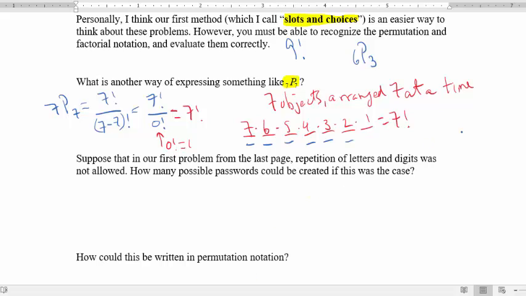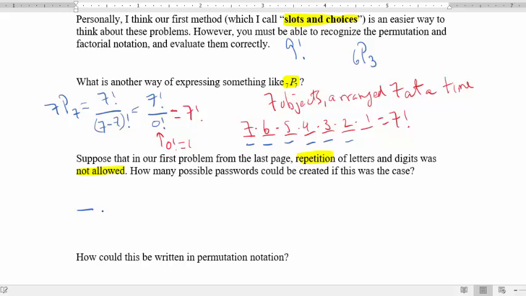So remember we had that last problem about the passwords with the letters and the digits. If we think about that problem again, but say repetition of the letters and digits was not allowed, you can still write it out the same way with the slots and choices.